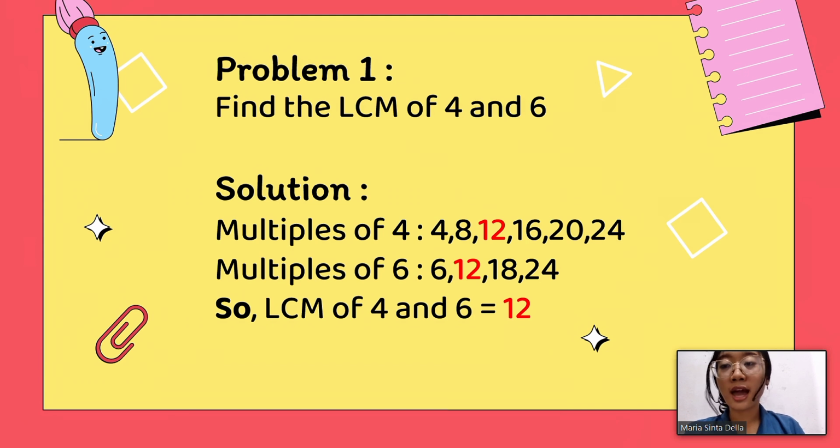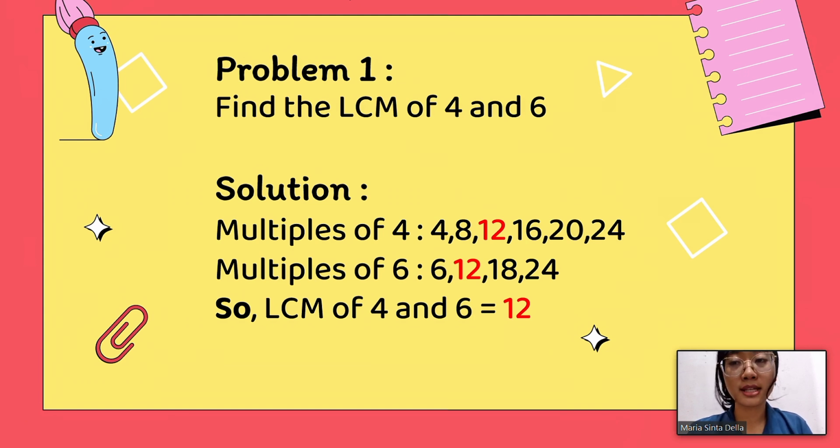Let's say we have to find the LCM of 4 and 6. We are going to list multiples of both these numbers, and we are looking for the smallest number that occurs in both lists.